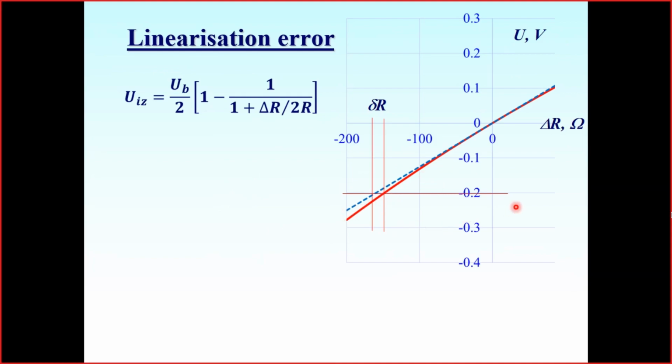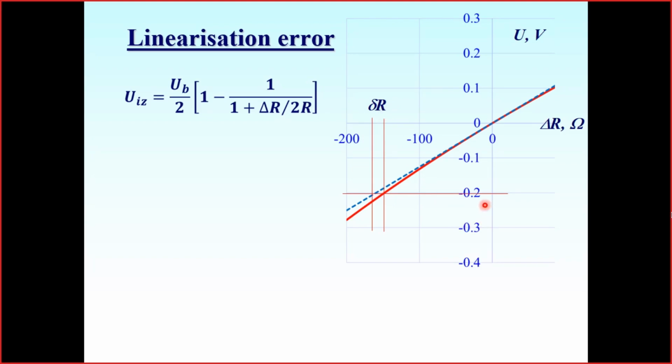So it means that if we measure some certain voltage out of the bridge, for instance 0.2, and we use the actual line, the resistance that corresponds to such an output voltage of the bridge will be this one. I got it by looking at where my measured voltage crossed the red line, and reading the resistance corresponding to the red line at this point.